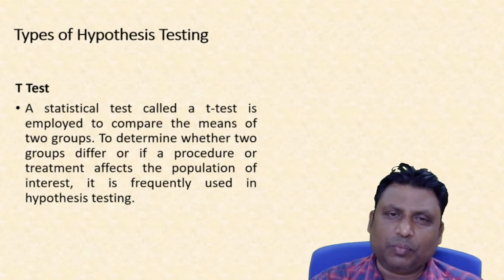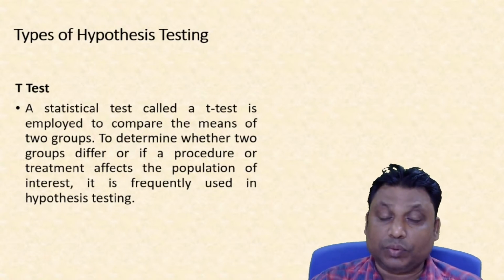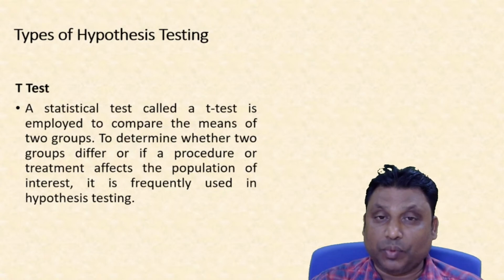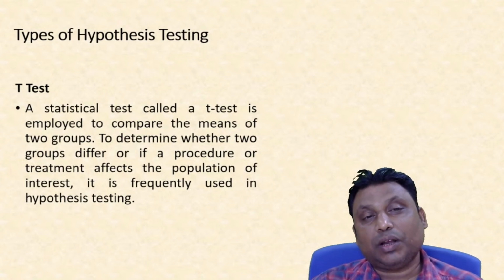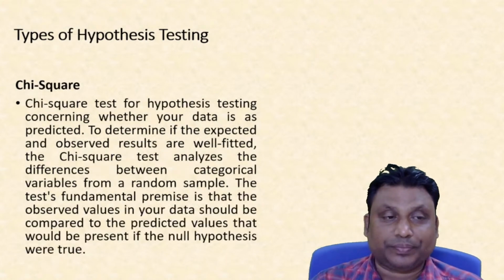Yes or no? The formula given is the same for z-test and t-test. Which formula? Z is equal to x bar, the sample mean, minus the population mean, divided by standard deviation over square root of n. We use this formula for both z-test and t-test. Then only you can find out the solution.